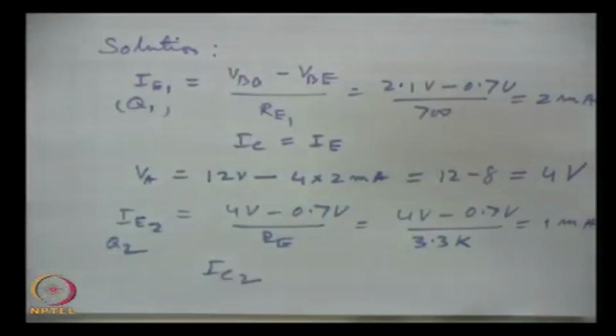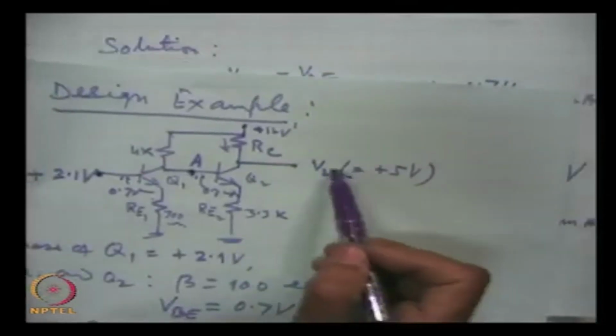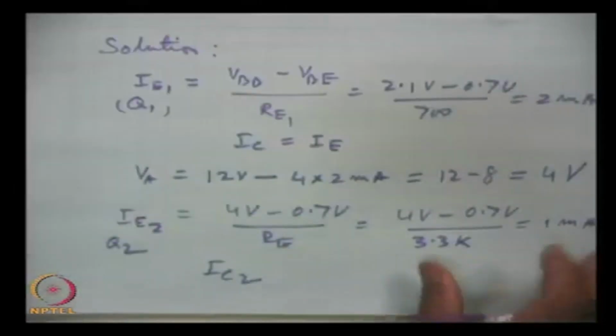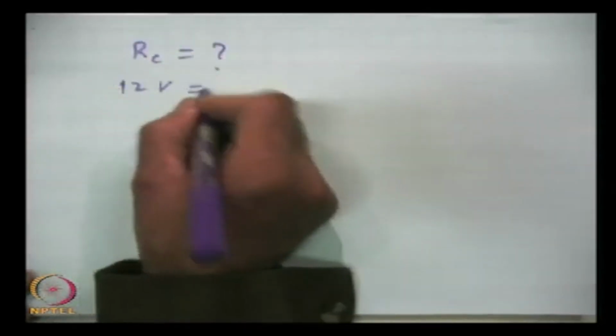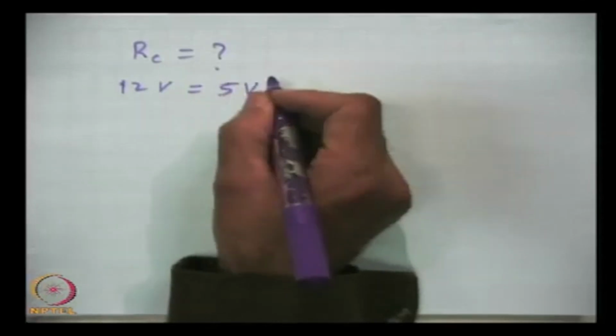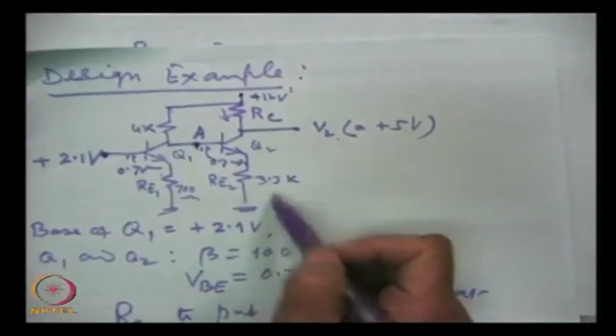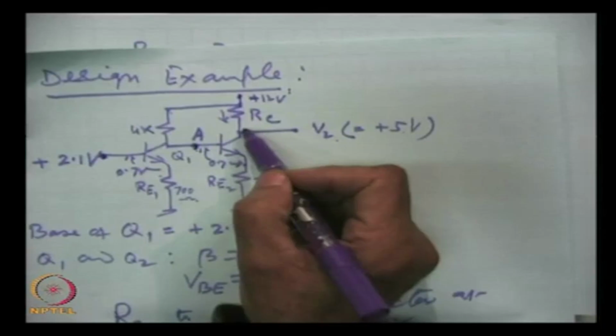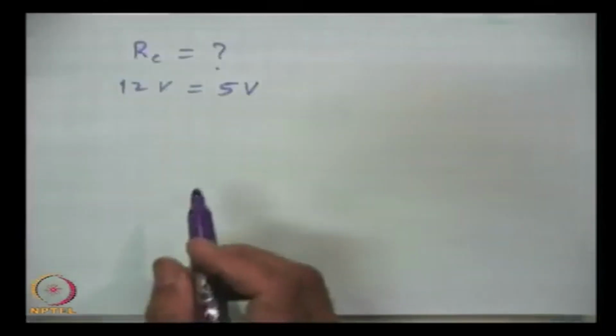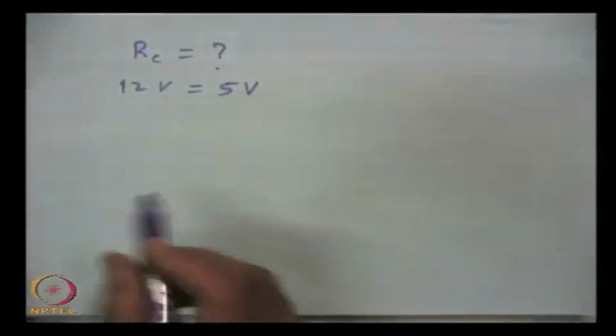With this we have to find out RC, remembering that the collector is to be maintained at 5 volts. Out of 12 volts, 5 volts is the requirement at the collector, and the drop here is IC into RC.